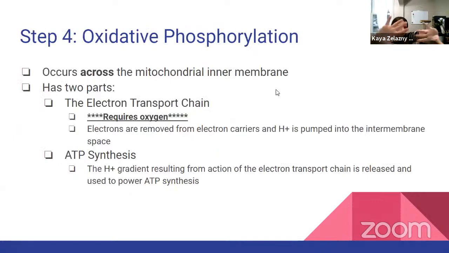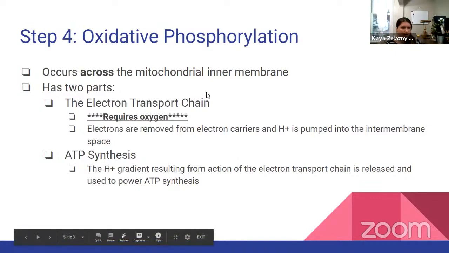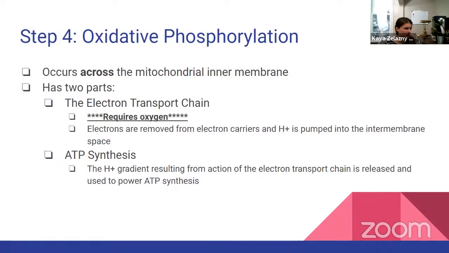Technically, we can think of this last chunk of metabolism as either one big umbrella step or two little steps. So technically, it's called oxidative phosphorylation. So oxidative, we're going to expect oxidation to be happening, right? So what we're really going to be oxidizing here is all those reduced electron carriers.